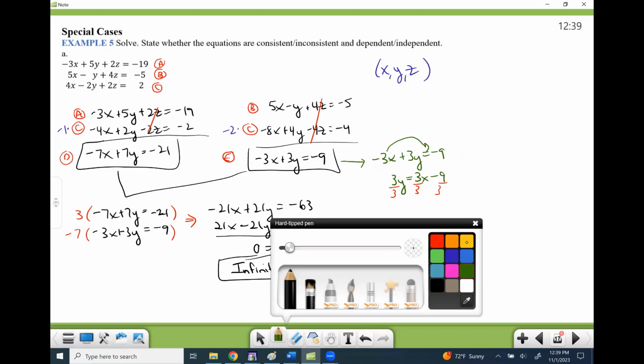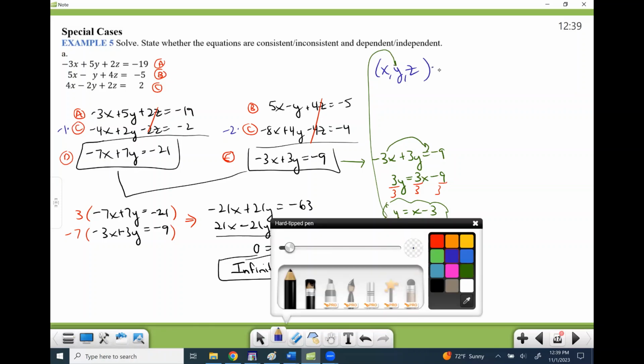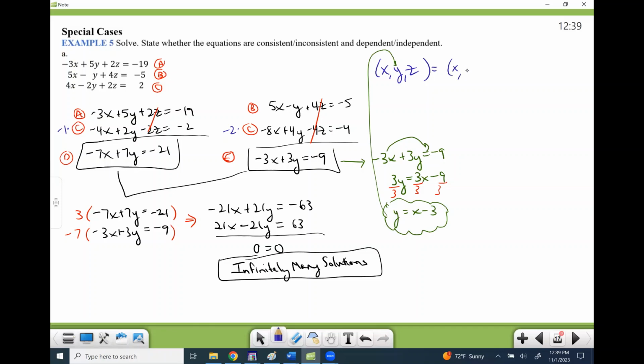So now what I have is y in terms of x, okay? So this y in terms of x, I'm going to substitute that in right here. So in other words, what I'm doing is I'm choosing to fix the x. In other words, I'm going to get everybody in terms of x. So the only thing I'm missing is z in terms of x, right? So I'm going to go ahead and have to find z in terms of x.